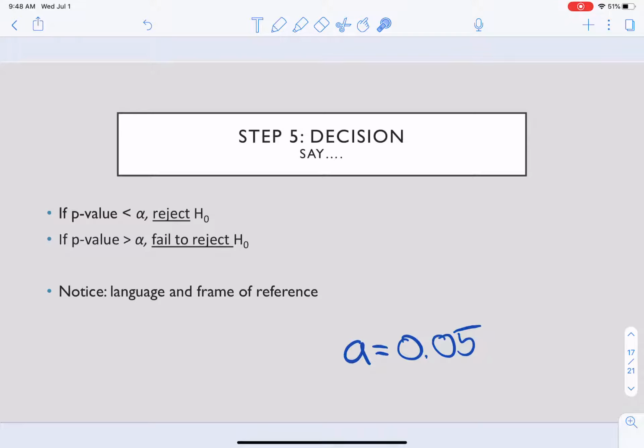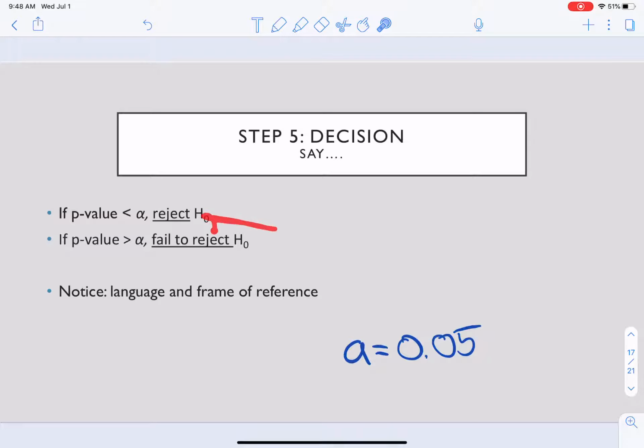So, long and short, if the p-value is less than this value, less than 0.05, we reject the null hypothesis. Okay? If it's the other way around, if the p-value is greater than alpha, we fail to reject the null hypothesis. Now, let's take a look at this language, right? Let's take a look at the sort of wordage that is used, right?